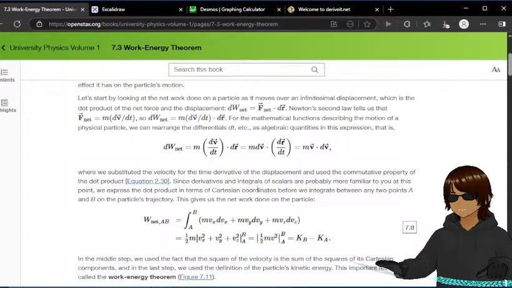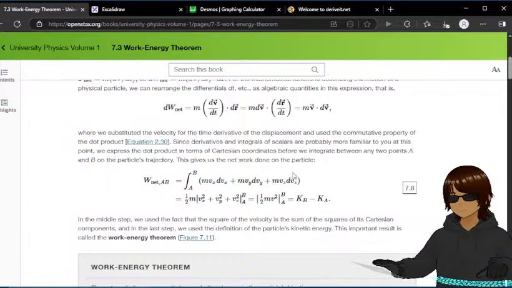Since derivatives and integrals of scalars are probably more familiar to you at this point, we express the dot products in terms of Cartesian coordinates before we integrate between any points A and B on the particle's trajectory. This gives us the net work done on the particle. So we have work done, net AB.